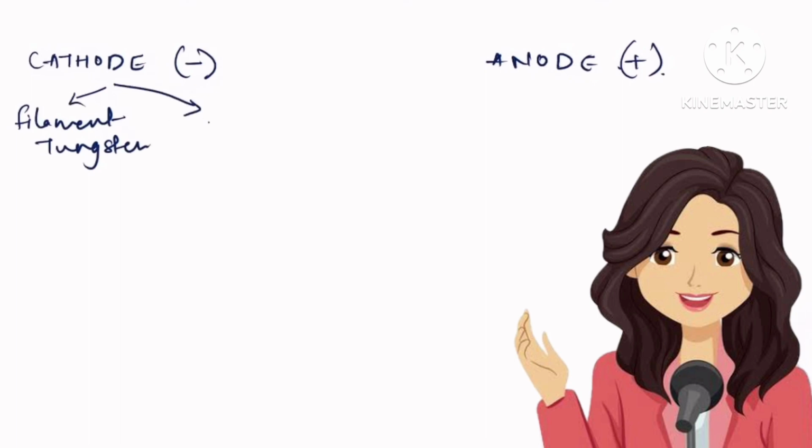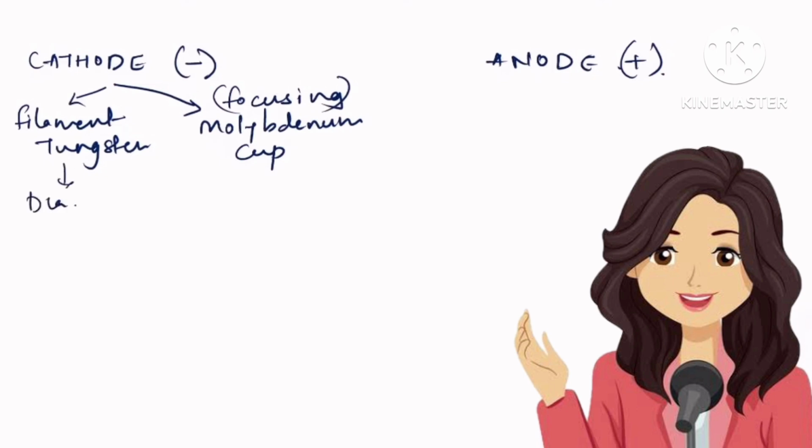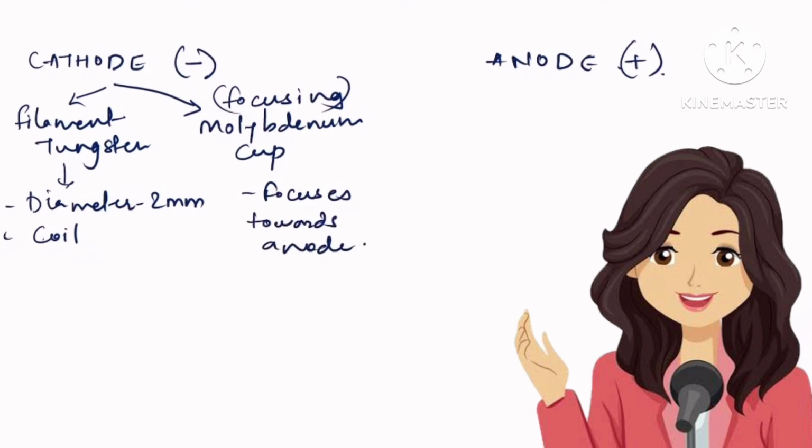And then we have the molybdenum cup, also called the focusing cup, which is made of molybdenum. The diameter of this tungsten filament is 2 mm. It is a coil of tungsten filament with a diameter of 2 mm. And then we have the focusing cup, which is the molybdenum cup, and it focuses towards the anode.